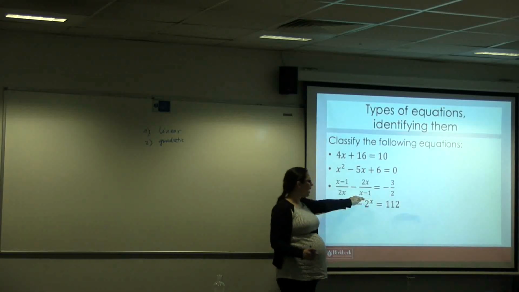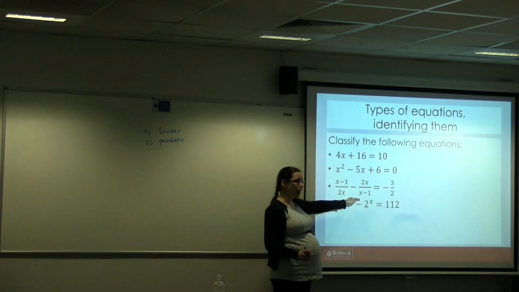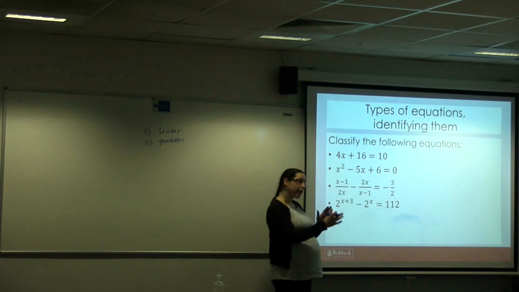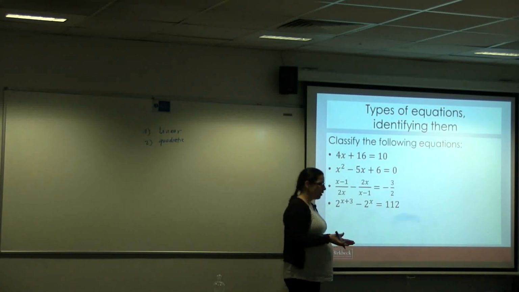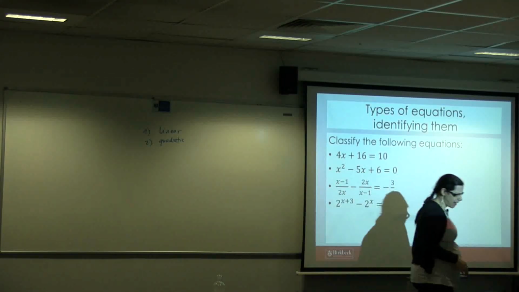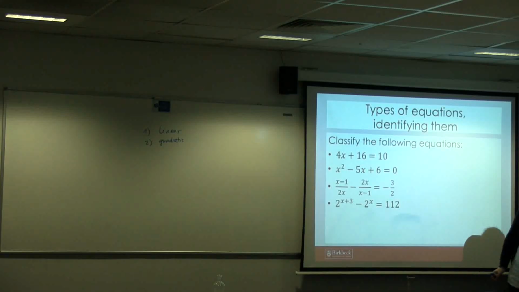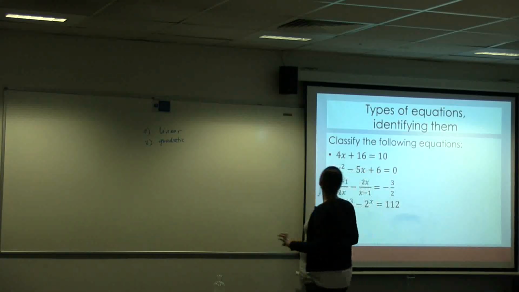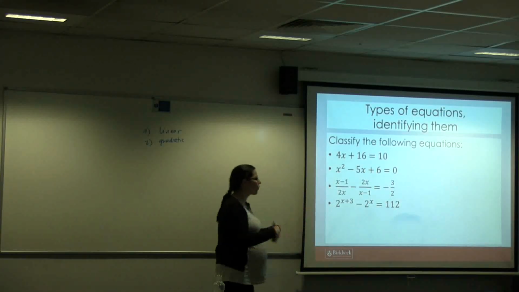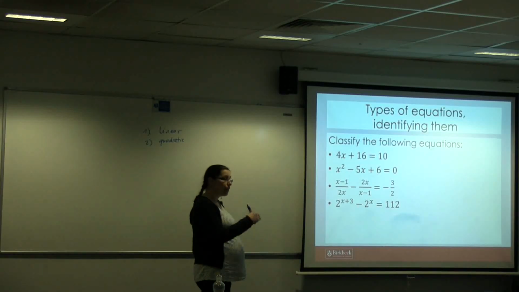So for me to be able to identify if it's linear or quadratic, I would have to start manipulating it and see if I can bring it into one or the other standard form. As far as I'm concerned, I think it ends up being linear because things cancel out. But then again, you would need to go through the problem solving process, and sometime through it you would be able to identify it.